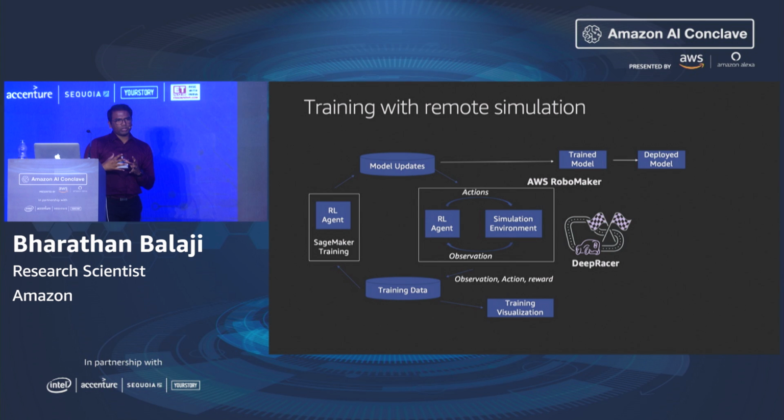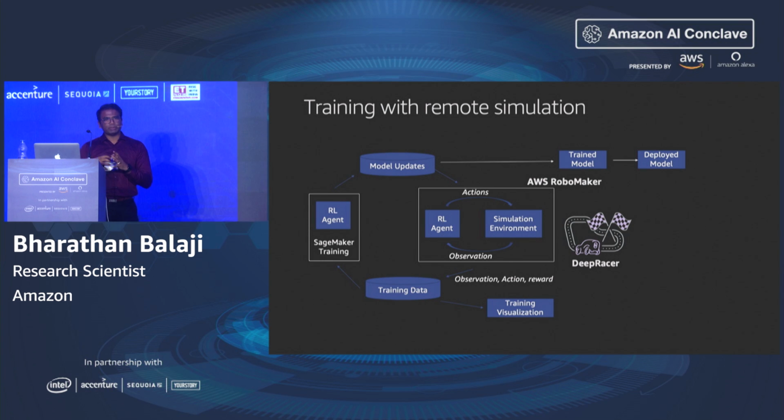It may not always be possible for us to package our simulator in a Docker container and use it in a compact way. So SageMaker provides another way of doing RL training where your simulation is considered remote, and you can have any kind of simulator that is simply interacting with SageMaker during training. In this case, we have DeepRacer as an example, which is a 1/18 scale car that teaches you concepts about reinforcement learning and machine learning and how you can use that to autonomously navigate a track.